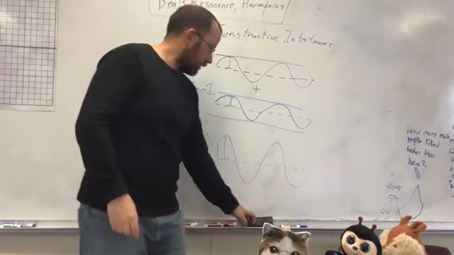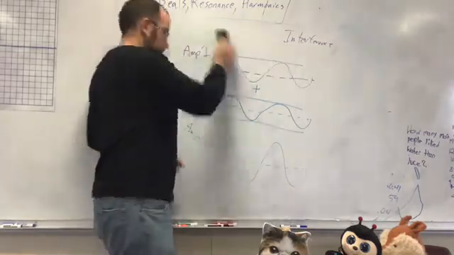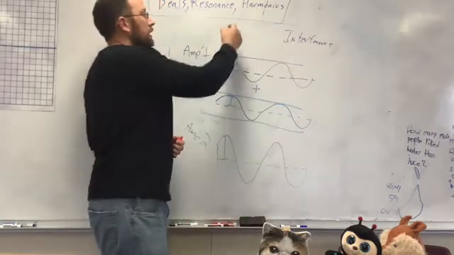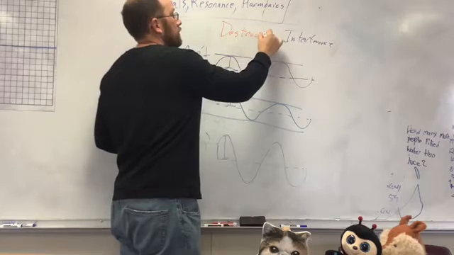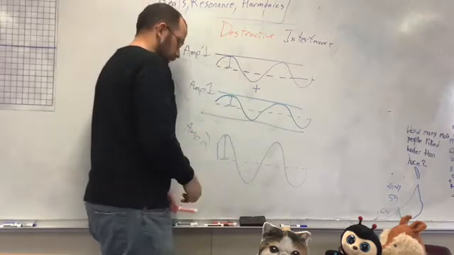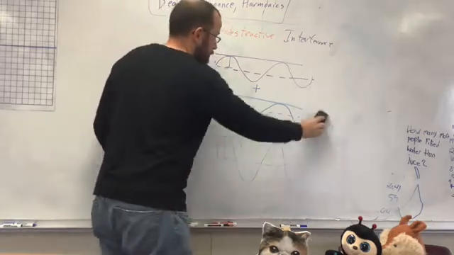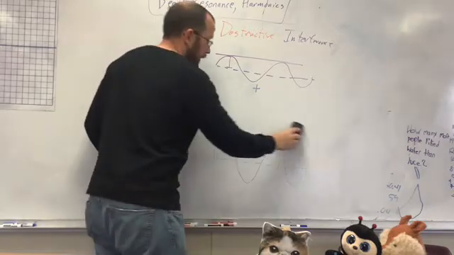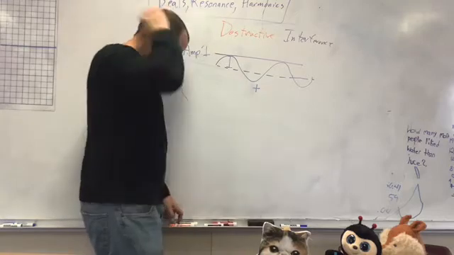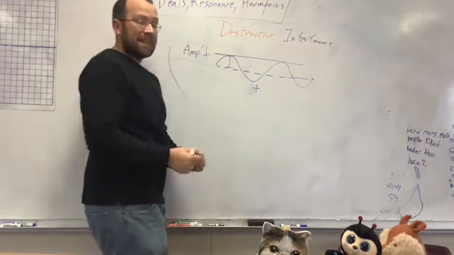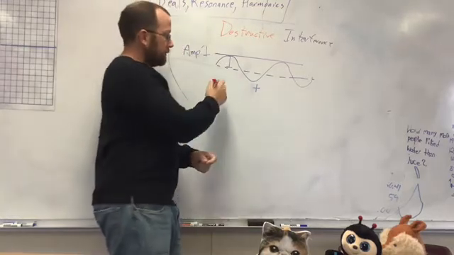The other one here is called, I probably didn't have to erase that whole thing, destructive interference. So destructive interference is when you have a wave, such as this one right here, but then you add to it the exact opposite wave.